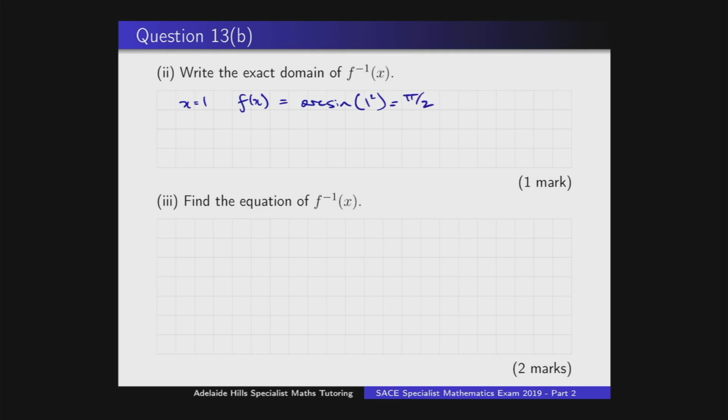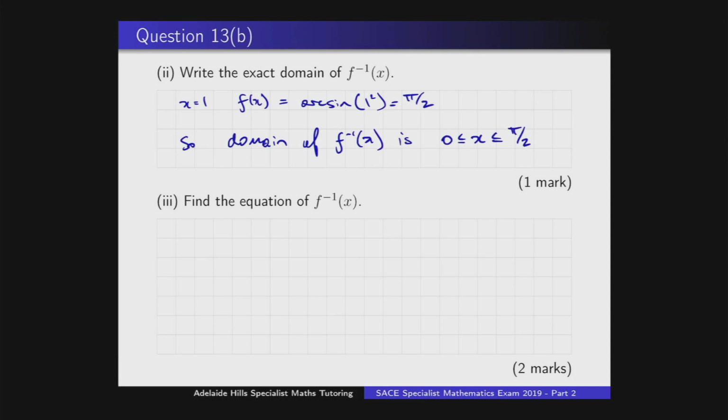And obviously when x equals 0, f of x equals 0, so the domain of the inverse of f of x is 0 is less than or equal to x is less than or equal to pi over 2.